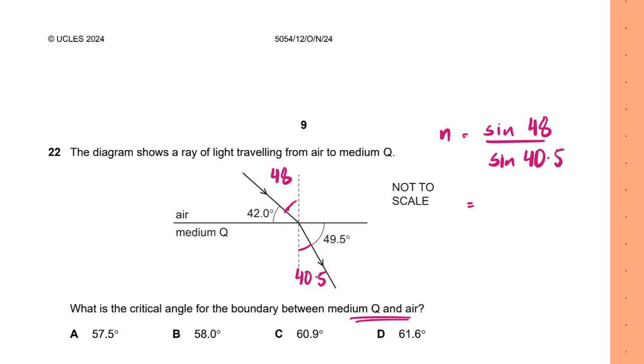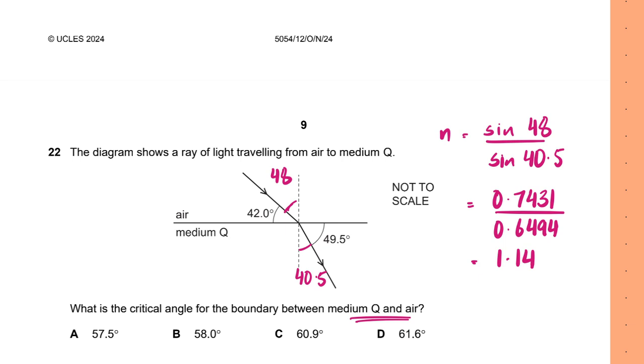Let's see what this turns out to be. So I don't have my calculator with me. So sine 48 is 0.7431. Sine 40.5, that's 0.6494. So let's see what this turns out to be. 0.7431 divided by 0.6494. That's 1.14. And now I have to find the critical angle.